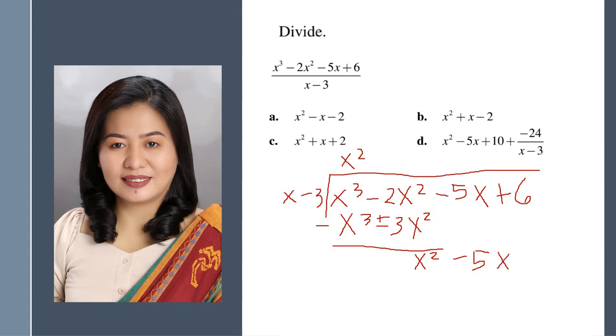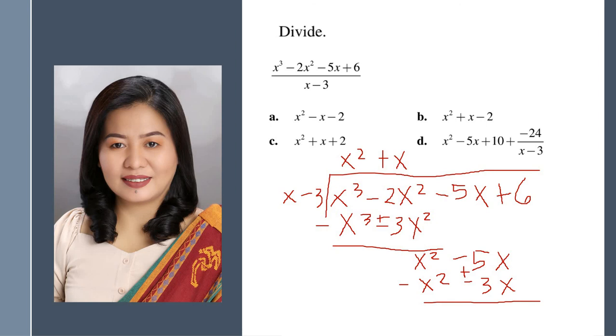x squared divided by x is plus x. x times x is x squared. x times negative 3 is negative 3x. Then subtract, change the operation to its opposite.